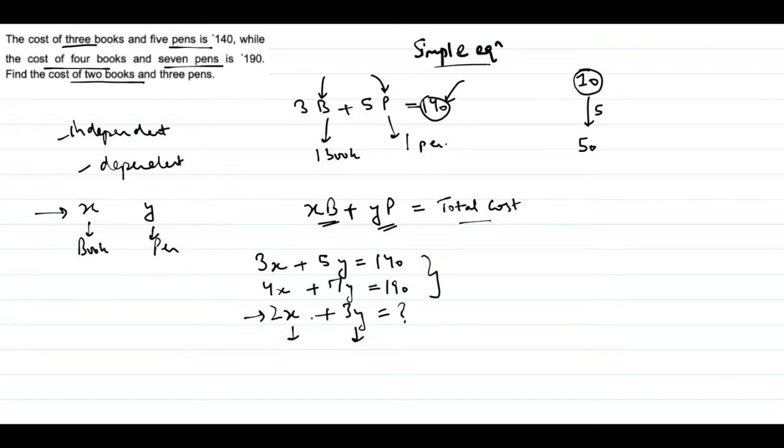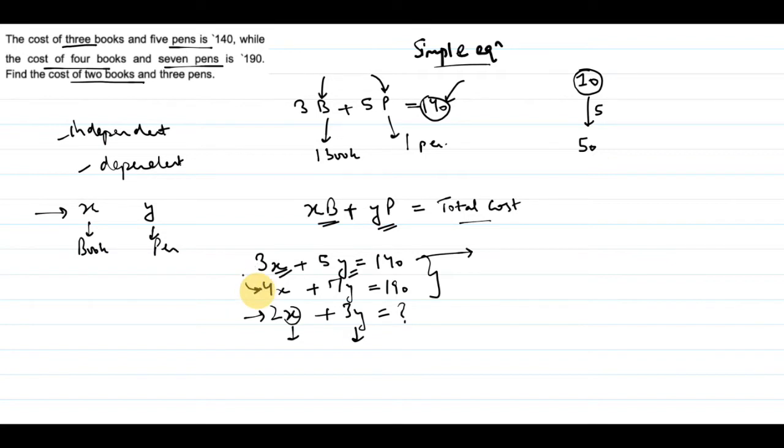To solve these, we have to find X and Y. Since there are two variables in the first equation, you cannot determine any of the variables uniquely. To help us out, there is another equation.